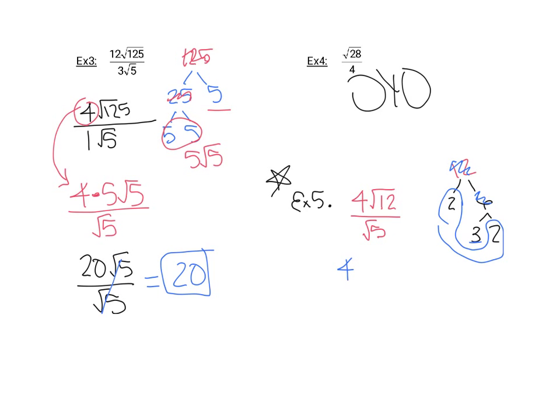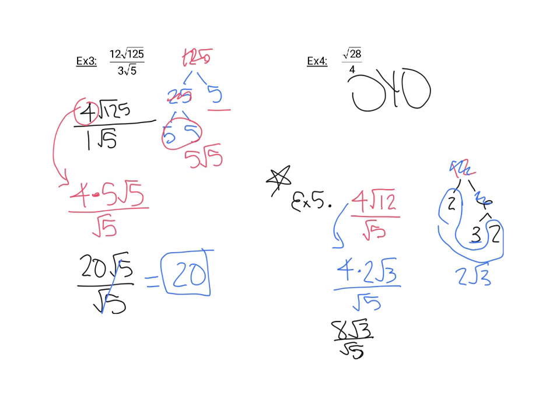So I have 4. Bringing it down, not forgetting about it, times. When I rewrite the simplified version of square root of 12, we get 2 square root of 3. 2 square root of 3 over square root of 5. 4 times 2 is, yes, 8. 8 square root of 3 over the square root of 5.